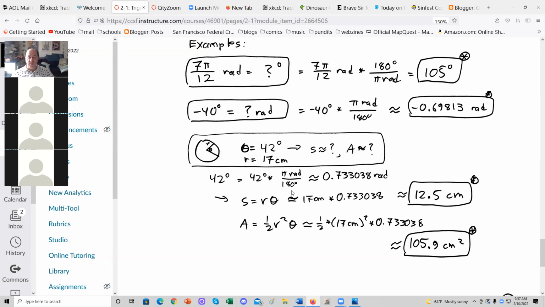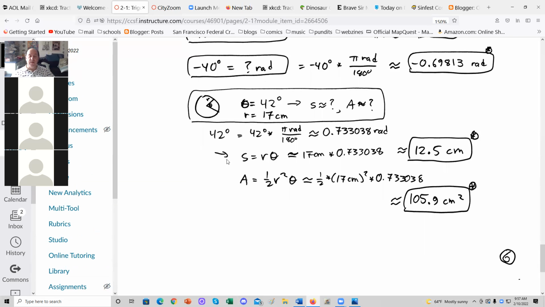And it's pi radians for every 180 degrees times 42 degrees. And after some arithmetic, it's 0.733038 radians. So use that in the formulas. S is r theta, r is 17. Theta is about 0.733038. And so therefore approximately 12.5 centimeters.